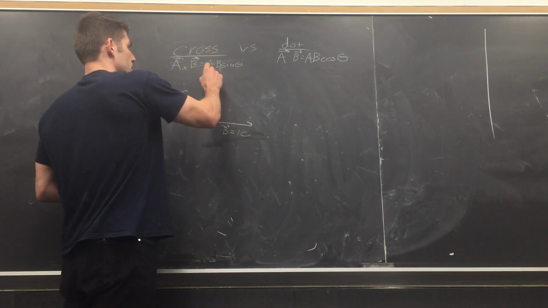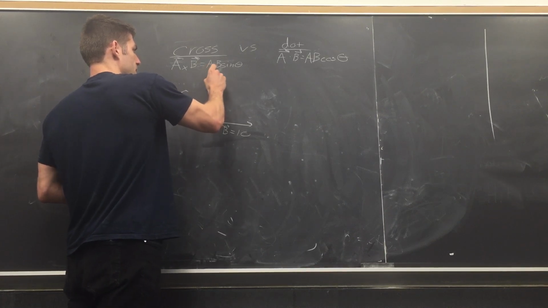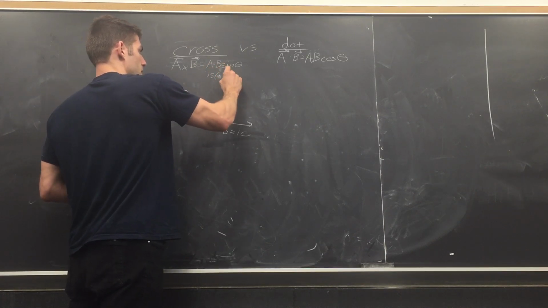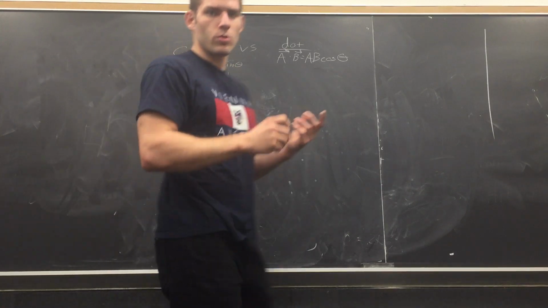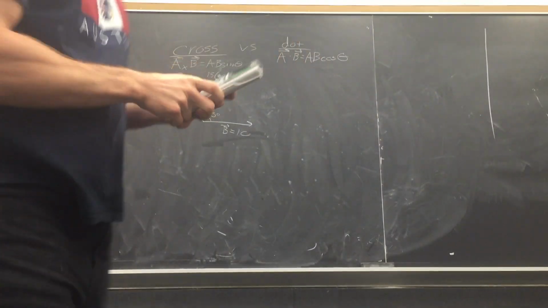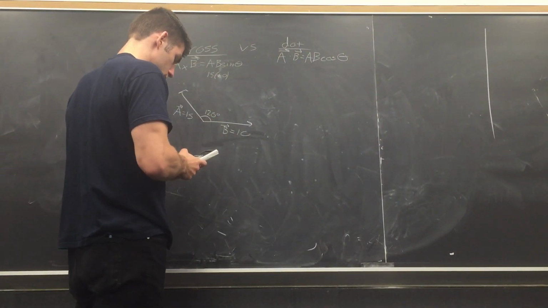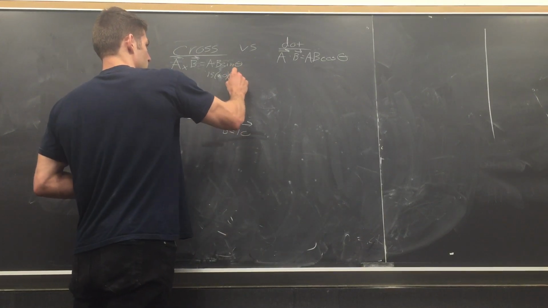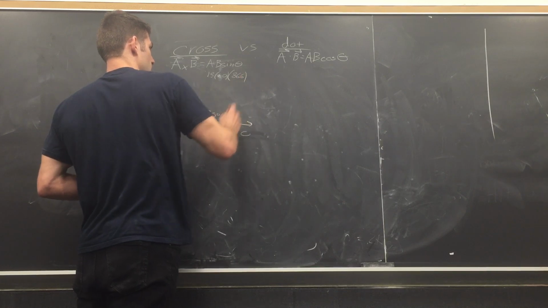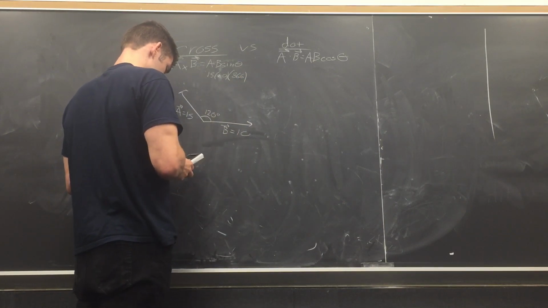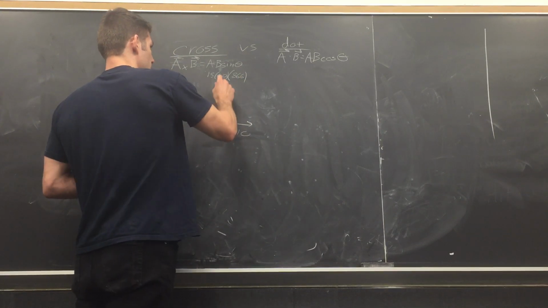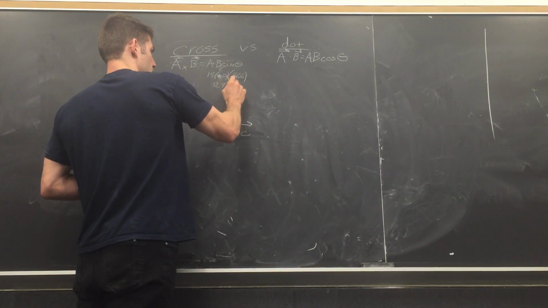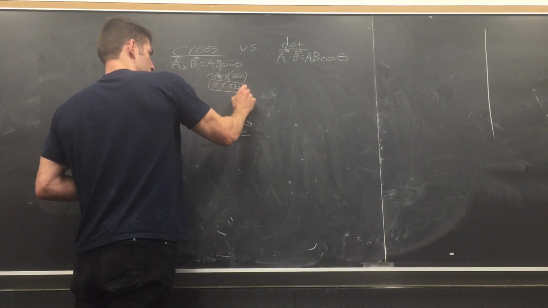In this case, it's 15 times 10 times the sine of 120. Sine of 120 is 0.866. So 129.9, 129.9 newtons.